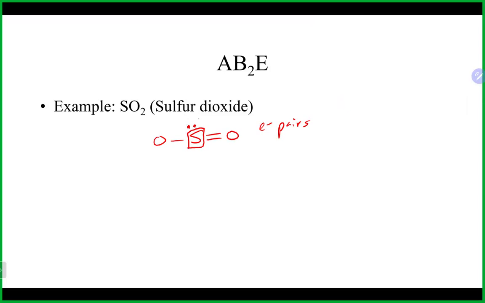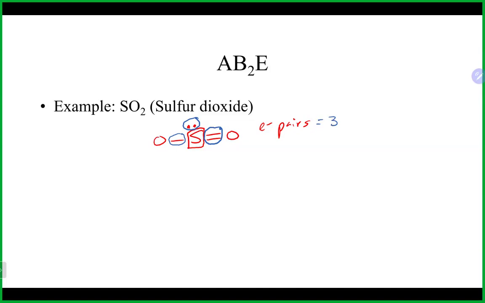I have one electron pair, two electron pairs, and remember that when we're doing geometry, double bonds count as one electron pair. So ultimately, I will have 3 electron pairs. The 3 things that I circled give me my 3 electron pairs.